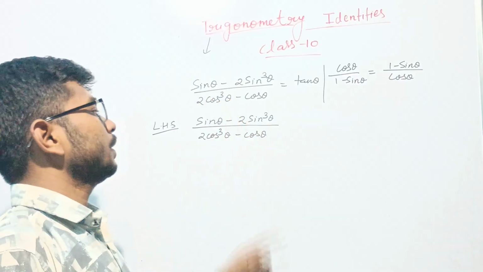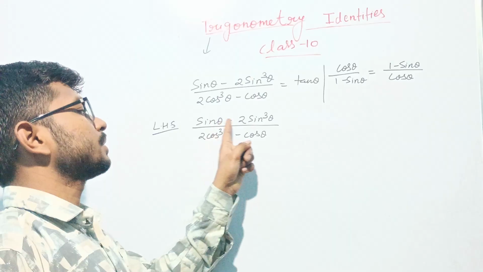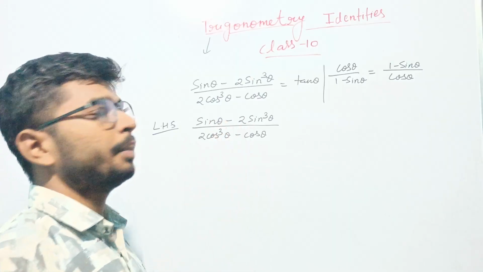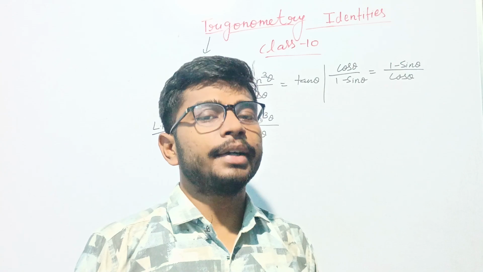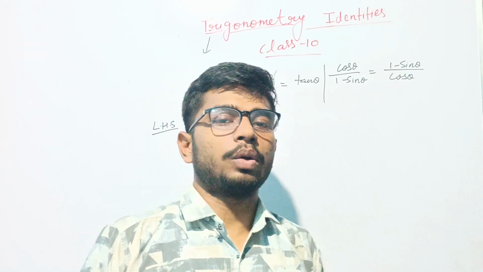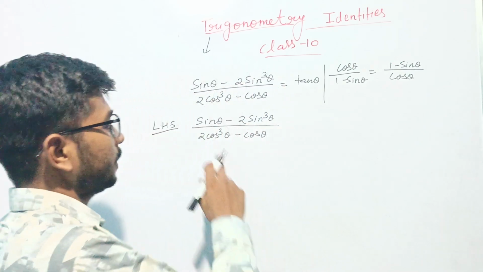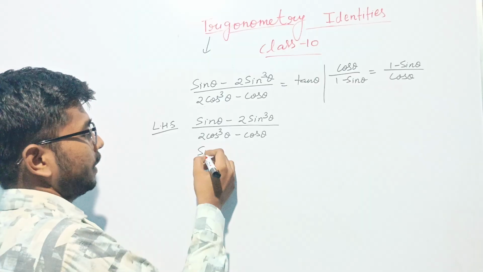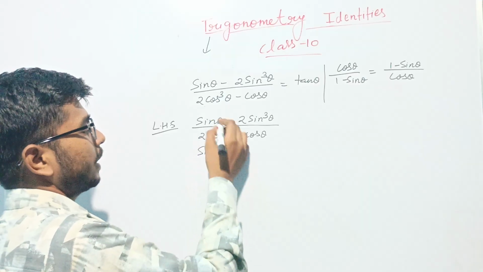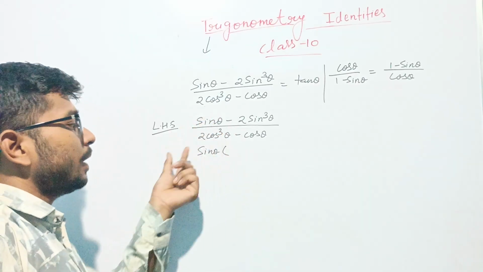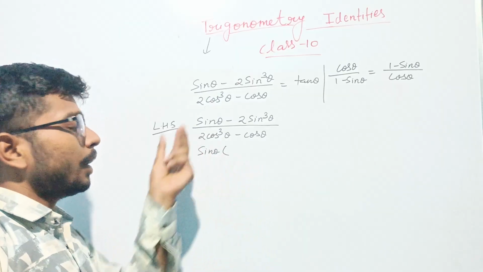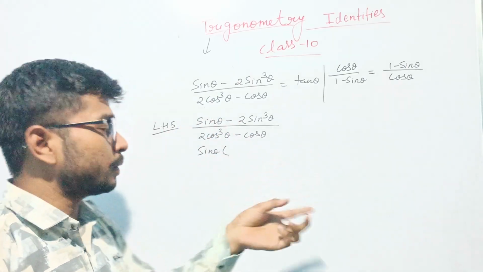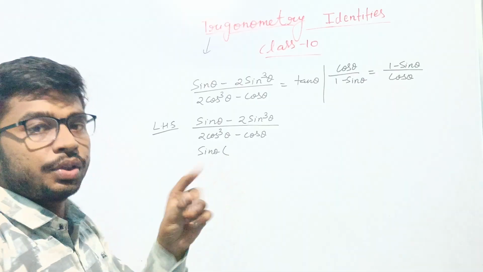Here we can take sin theta common in the numerator, and in the denominator we can take cos theta common. If you take sin theta common, nothing remains, so sin theta into 1 will be sin theta, so we have to write 1, not 0.